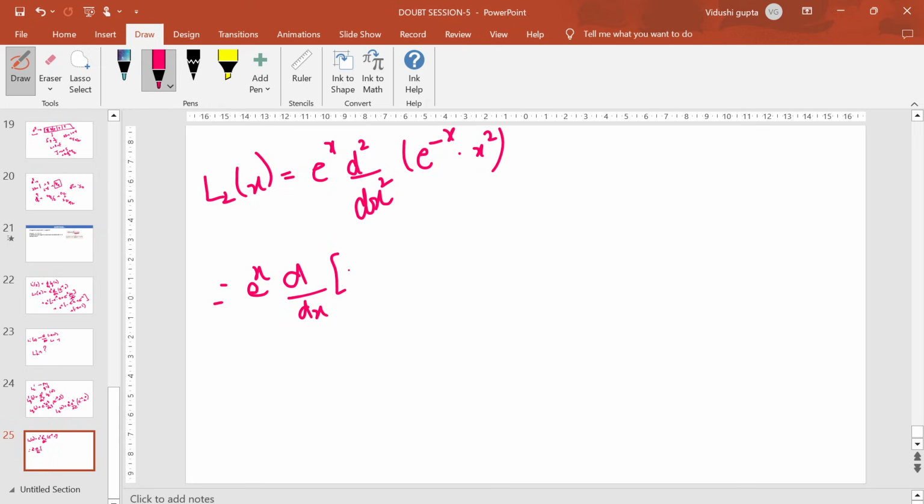First term as it is, differentiation of x square, plus differentiation of e^-x is minus e^-x, second term as it is, plus first term as it is and differentiation of the second term.